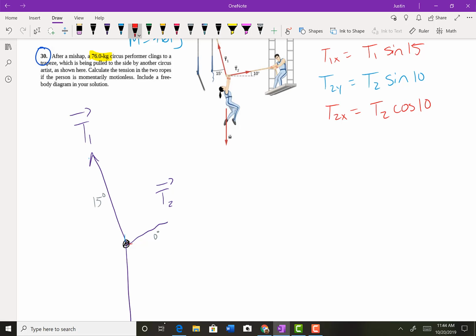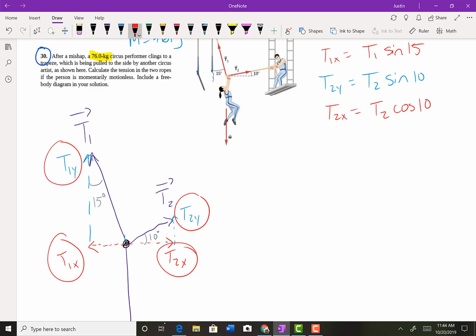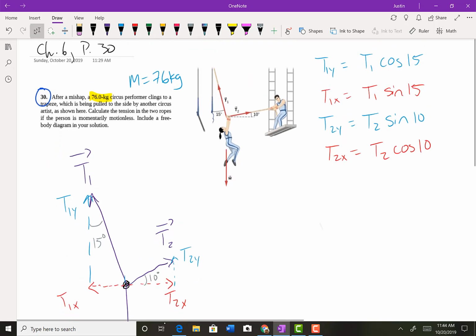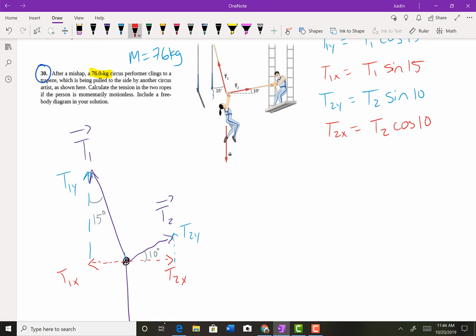But I can see I got two misbehaving vectors here, and so I would need to include the x and y components of T1 and the x and y components of T2. And by doing that, I need to find out what T1y, T1x, T2x, and T2y are in terms of T1 or T2. And so you can do that basically using trigonometry.